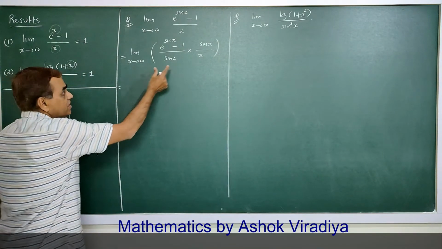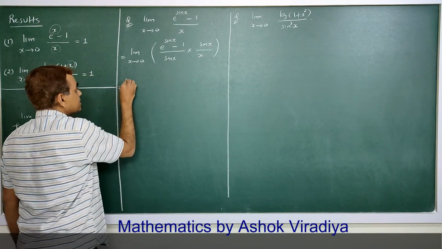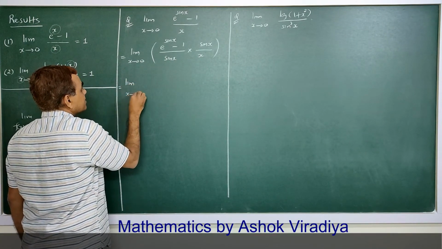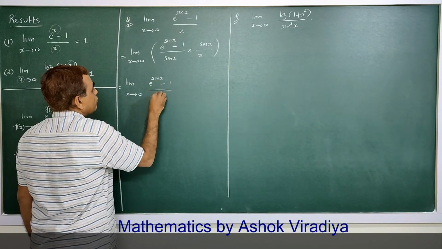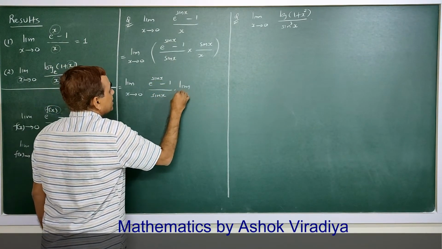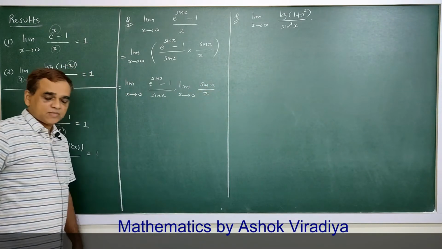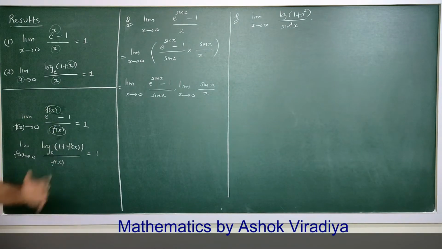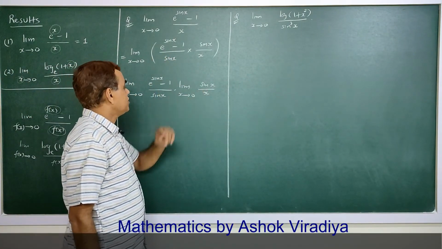Now here this is f, this is g. By the working rule of limits, limit of f(x) into g(x) is limit of f(x) into limit of g(x).